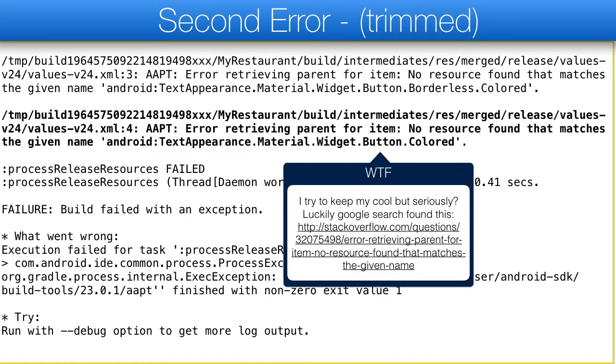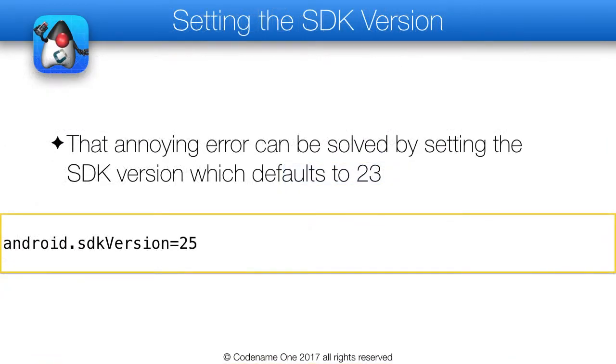I googled this, which is pretty much the best way to solve issues like this, and I found a Stack Overflow entry that explained that this is caused by the wrong SDK version setting in Android. At this time, Codename One defaults to SDK 23.